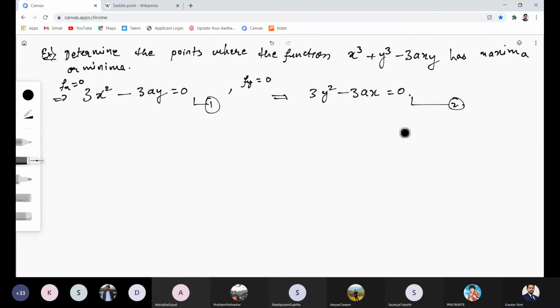How can we solve? So for example, I'll put x square is equal to ay. This is from equation 1. Put in equation 2.